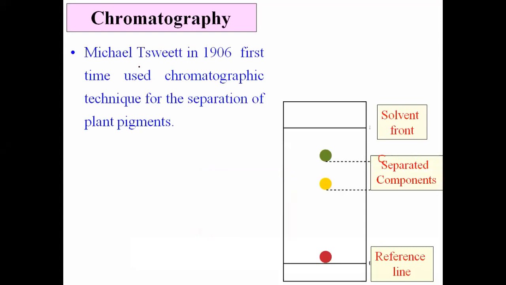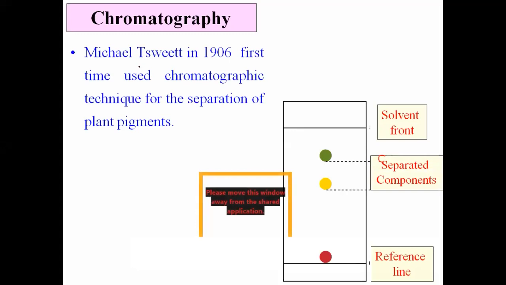This technique was first used by Michael Sweet in 1906 for the separation of plant pigment.